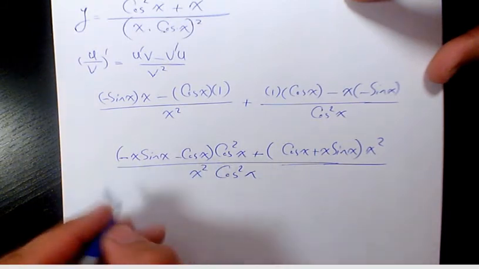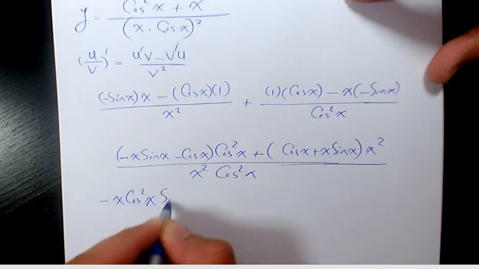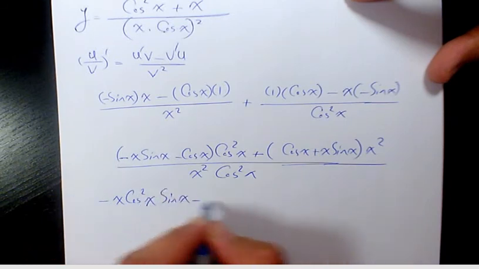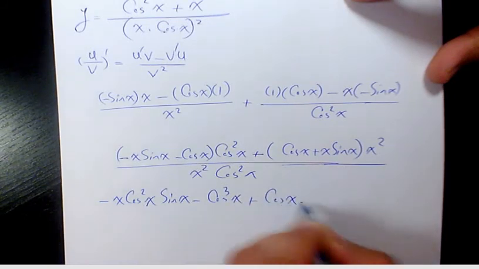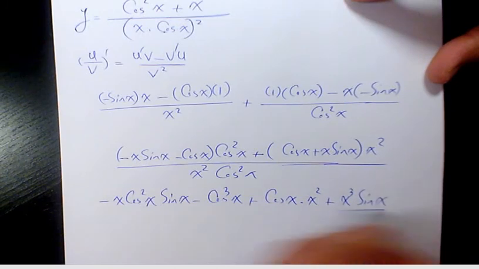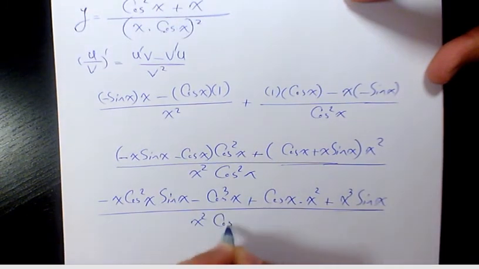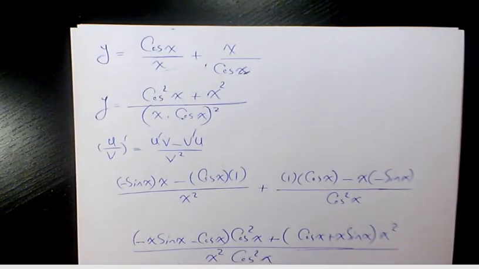Then you can simplify it. It's going to be negative x cosine squared x sine x minus cosine cubed x plus cosine squared x times x squared plus x cubed sine x, over x squared cosine squared x. That's the derivative of cosine x over x plus x over cosine x.